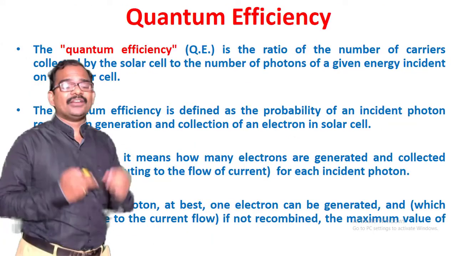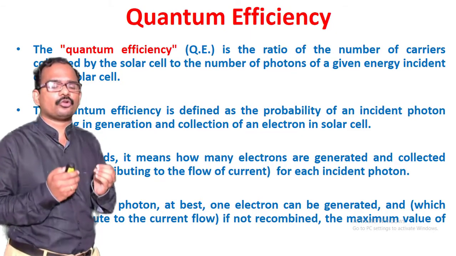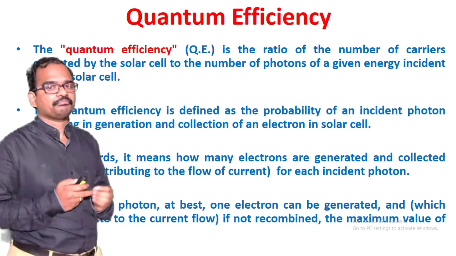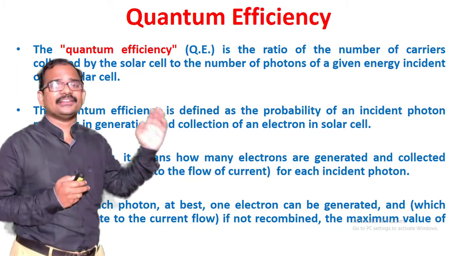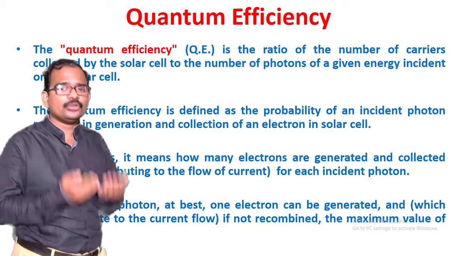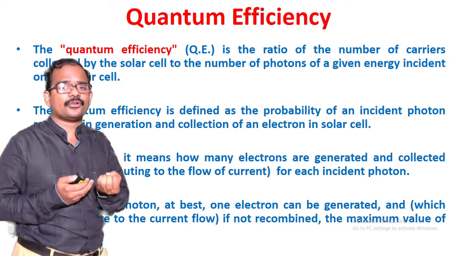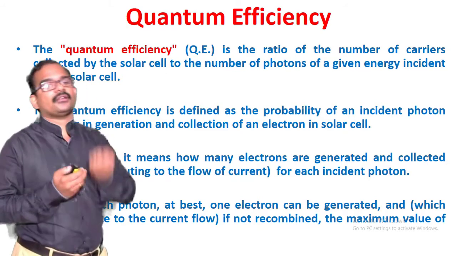Now let's discuss an important concept called quantum efficiency, which is the last topic of this unit. That is, the quantum efficiency is the ratio of the number of carriers collected by the solar cell to the number of photons of a given energy incident on a solar cell.